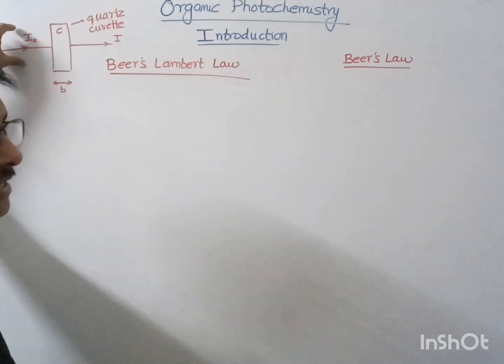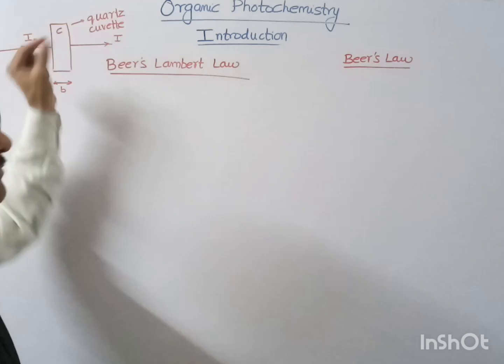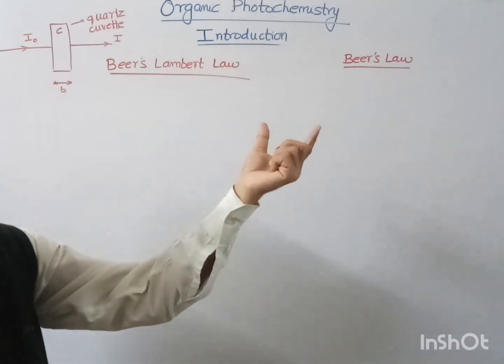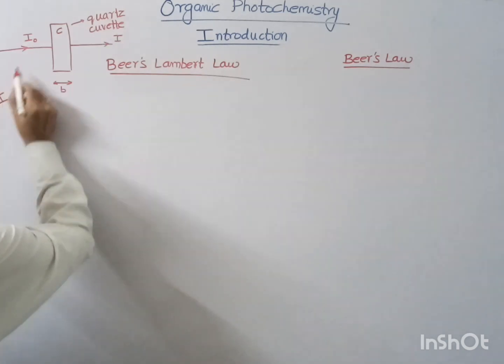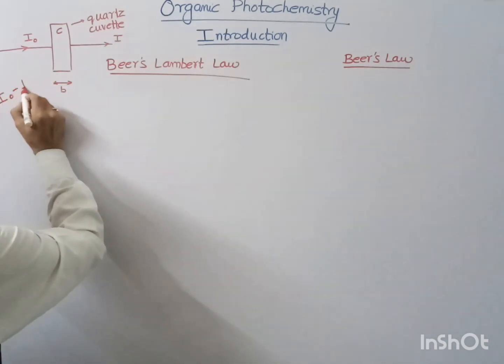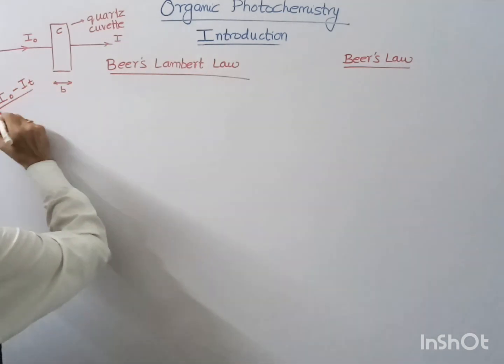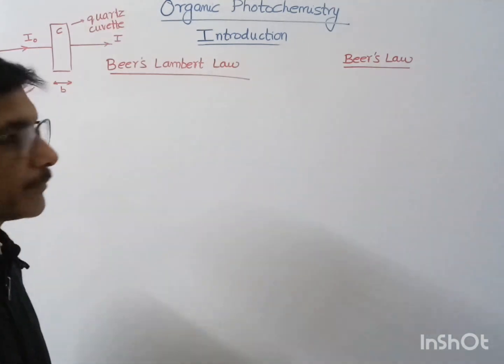It is the intensity of incident light minus the light which is transmitted out, so the intensity of absorbed light is I naught minus I.